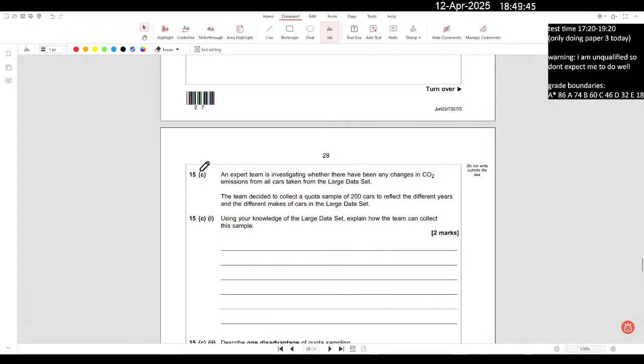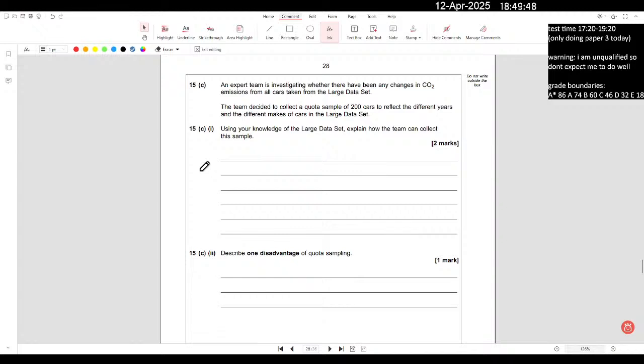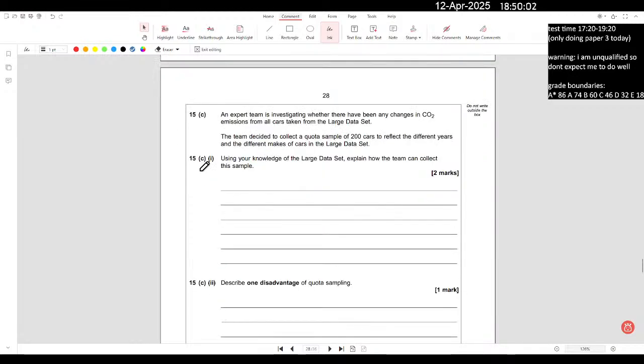Okay. I don't know what knowledge I have of the large data set. What am I supposed to do with this?